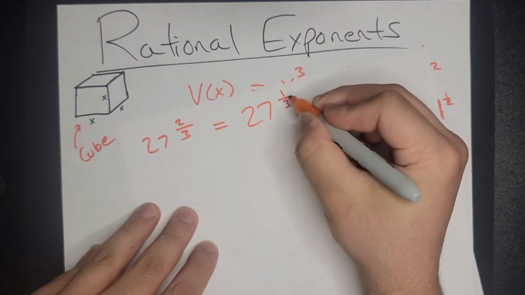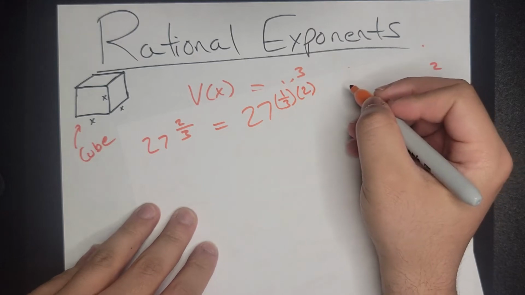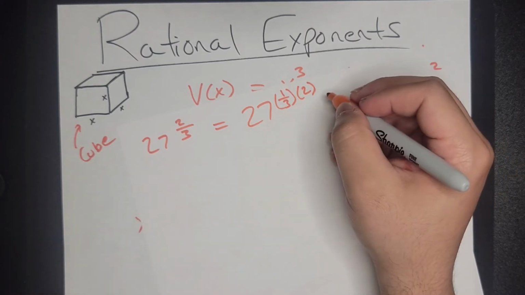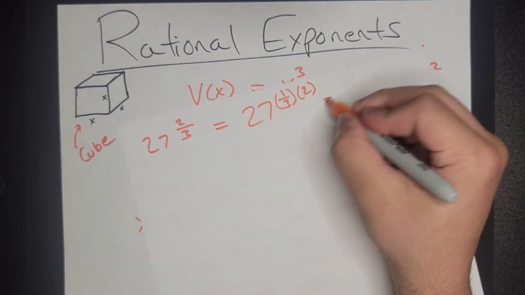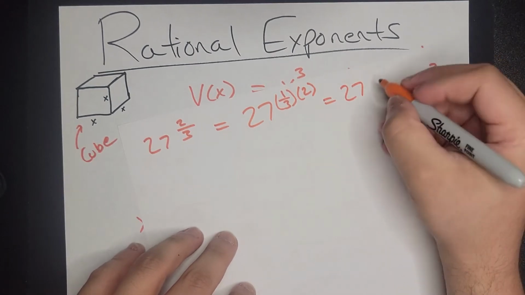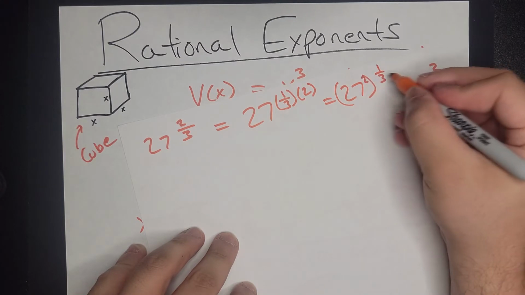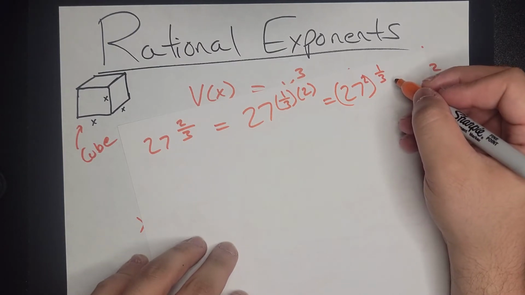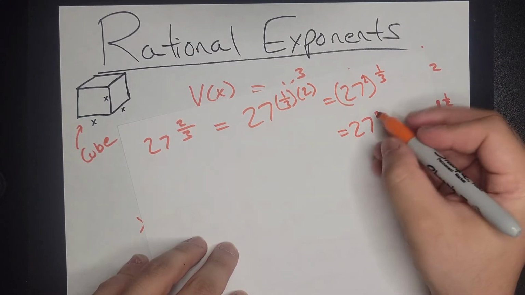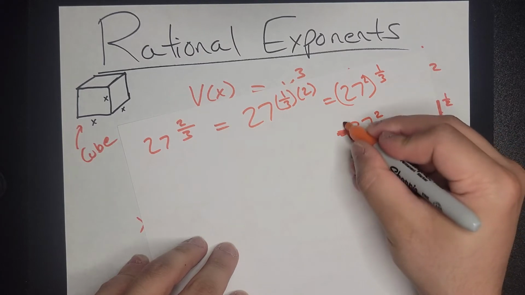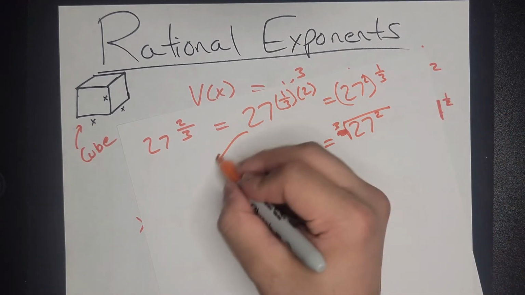27 is also the same as saying to the power of 1 over 3 times 2. So, if I was to break this down, I could break this into a power of a power. So I'm left with 27 squared, like that. So that expression here will give me 27 squared, cube root. Alternatively, I could go the other way.